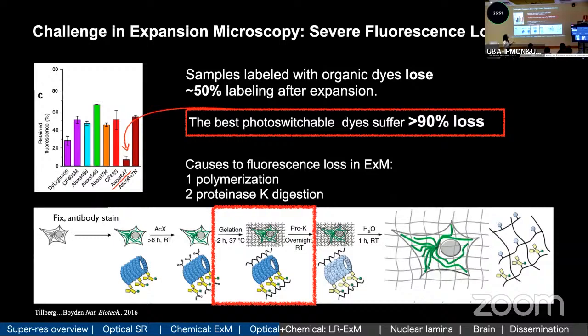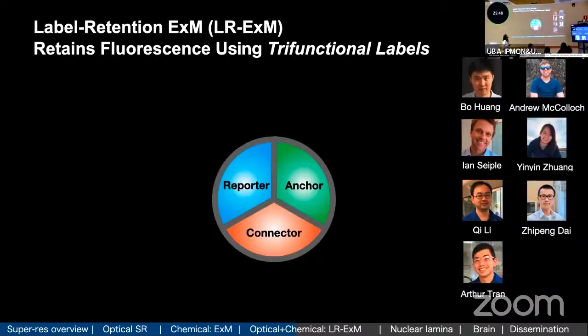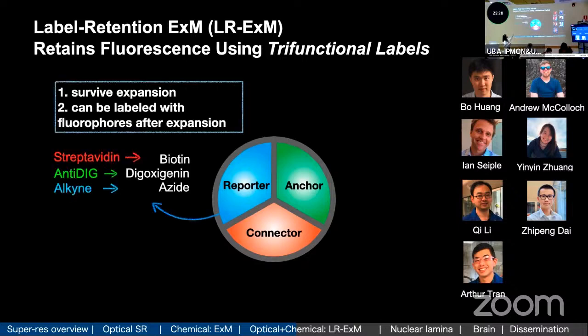To address these two problems, we developed a new method, label retention expansion microscopy, short as LR-ExM, to retain the fluorescence using trifunctional labels instead of organic dye. So we replace the dye with this label, and each label has three functions. One is the reporter, which is a small molecule, biotin, digoxigenin or azide, instead of the dye.